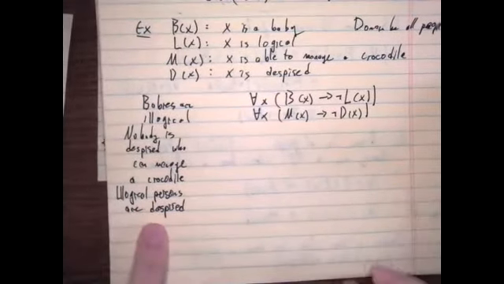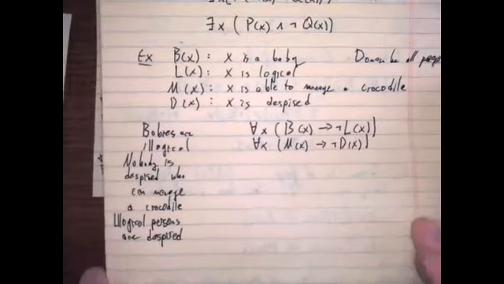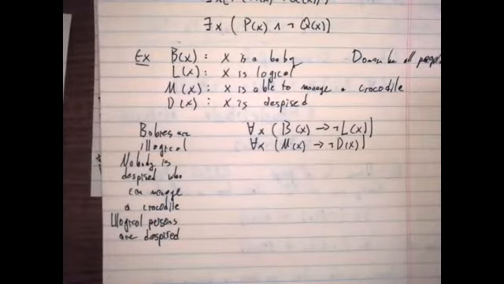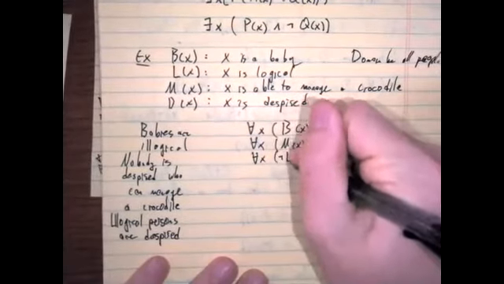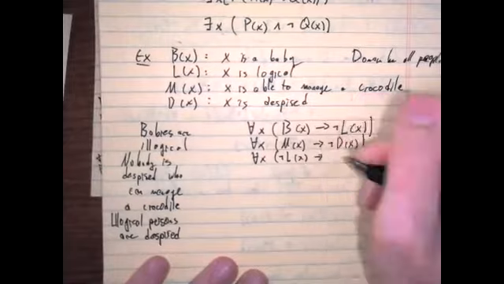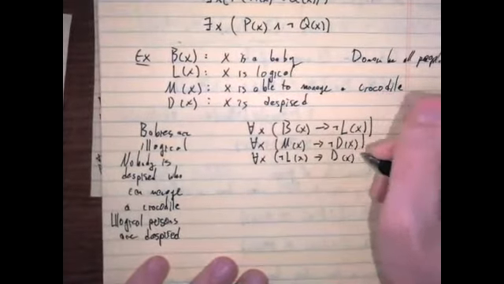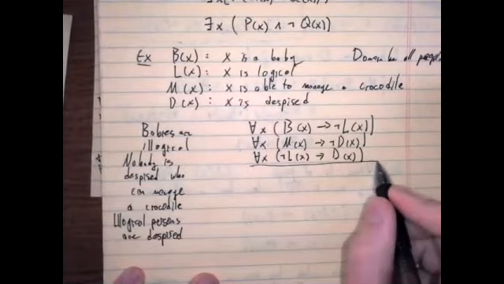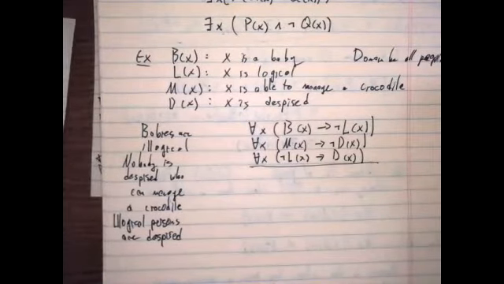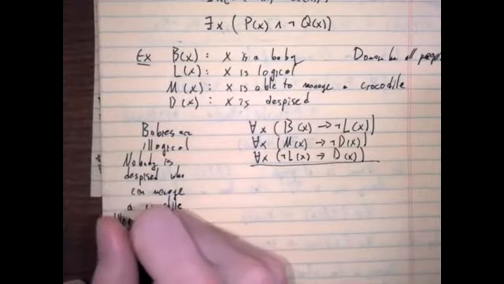Right. Okay, so how do we write illogical persons are despised? Yep, for all x, if you're not logical, then you're despised. And then the conclusion of this argument is the proposition, babies cannot manage crocodiles.